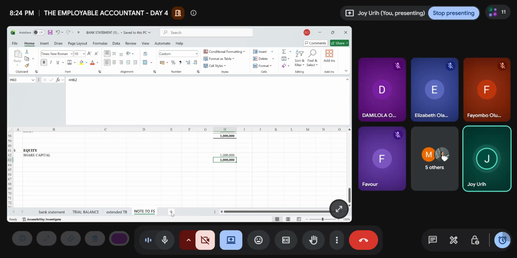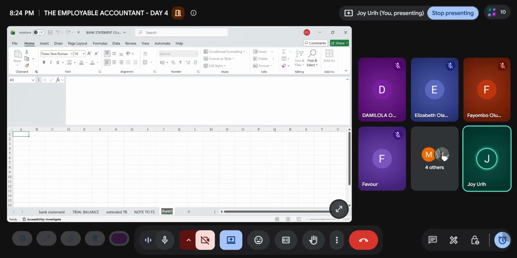The order in which you create them is the statement of profit or loss first, before the statement of financial position, then the statement of cash flow. I'm going to start with the statement of profit or loss, the short form of which is SOPL.